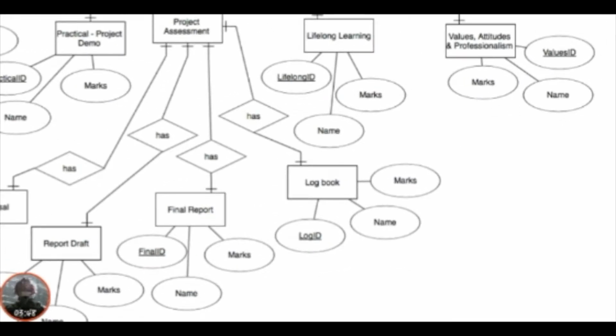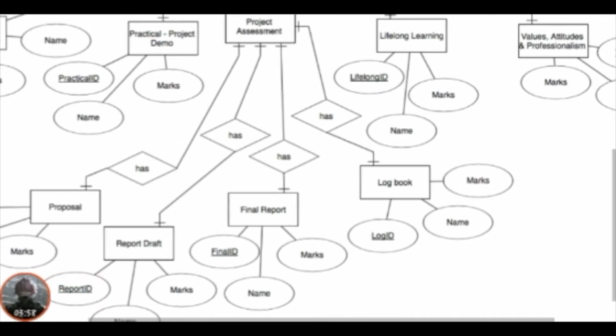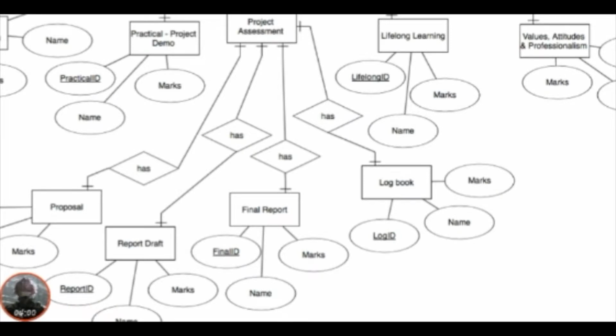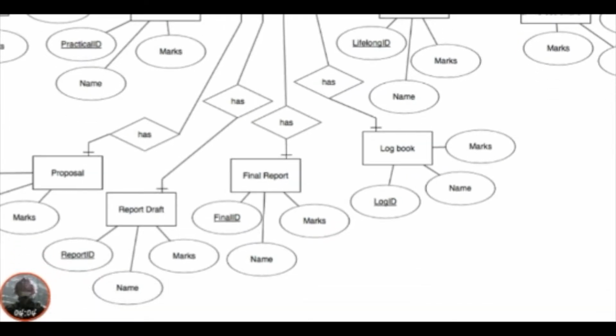Logbook has three attributes, where log ID is the primary key, while name and marks are not primary keys. After that, project assessment has a final report. Final report also has three attributes, where final ID is the primary key, while name and marks are not primary keys.